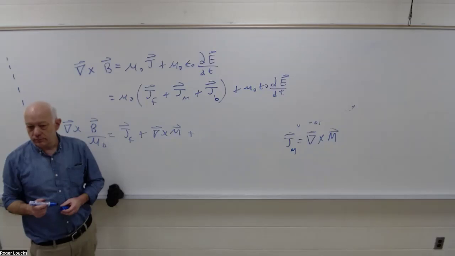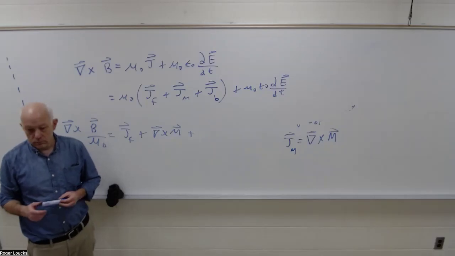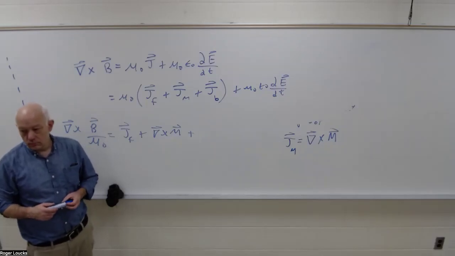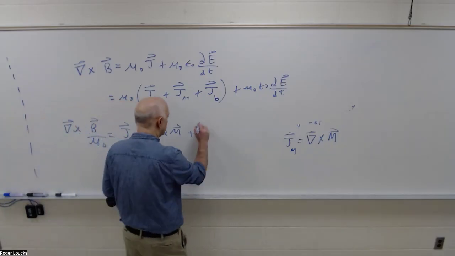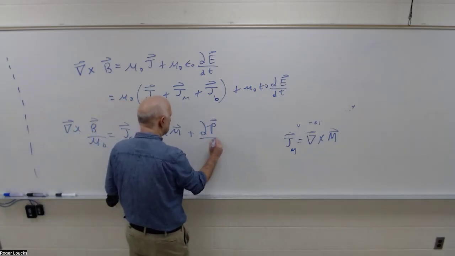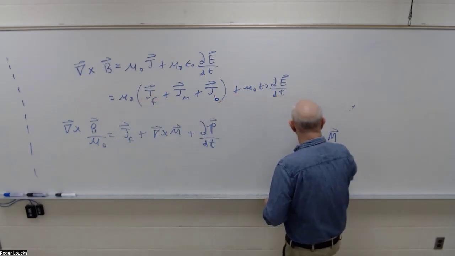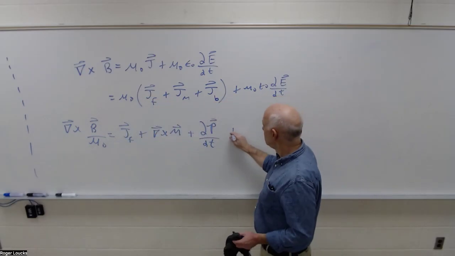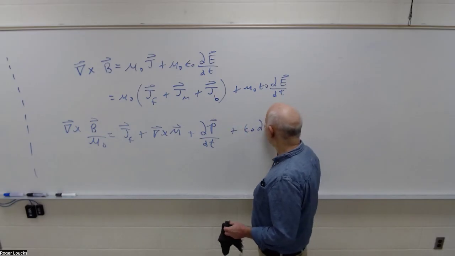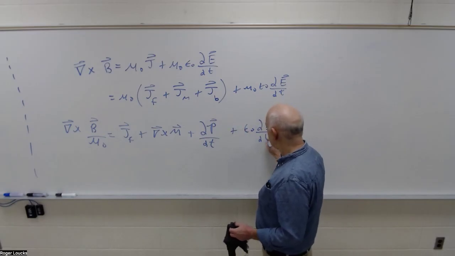What does the J_b become? The partial rho over dt. This becomes partial of P with respect to T. And this is epsilon naught partial of E with respect to T.